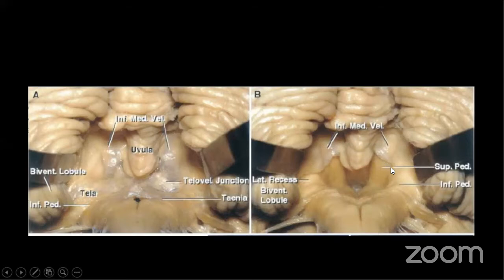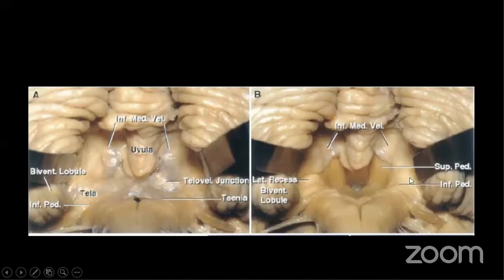We have removed the tela choroidea completely from both the sides. So we are visualizing the cavity of the fourth ventricle from the lower slope. So this structure is actually the upper slope of the roof of the fourth ventricle. Again, I would like to emphasize that we have opened up the roof of fourth ventricle from the lower slope.